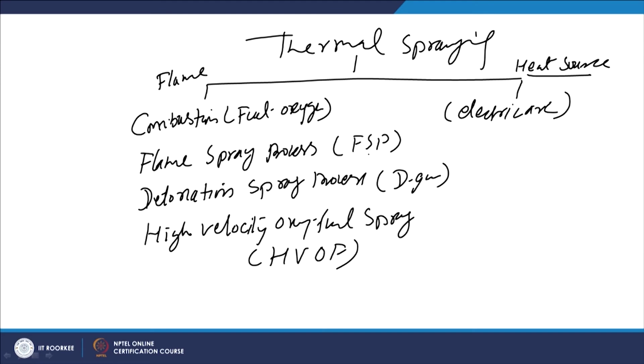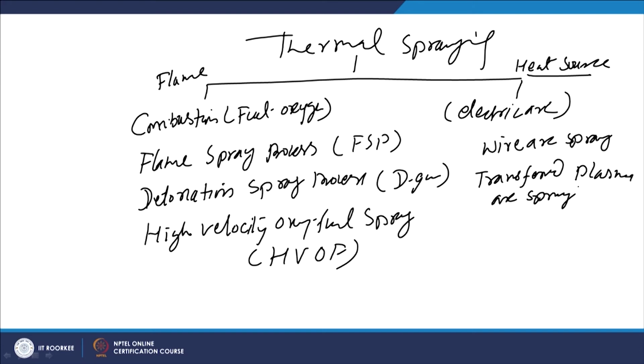These are the combustion based methods, and in arc based methods there is a wire arc spray process, and then there is a plasma based method like a transferred plasma arc spray.